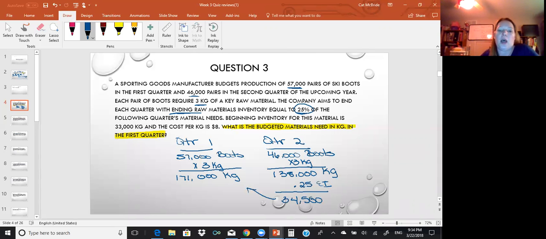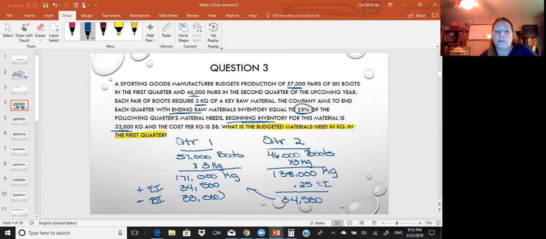So I need 171,000 kilograms to make the 57,000 boots. Plus, I need materials left over for the next period. So I want 34,500 kilograms in ending inventory. Are we good there? Beginning inventory right now is 33,000. So when I started, I already had 33,000. So I don't have to produce that 33,000 because I already have it.